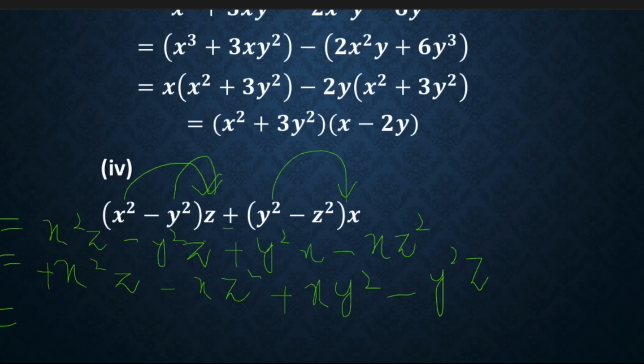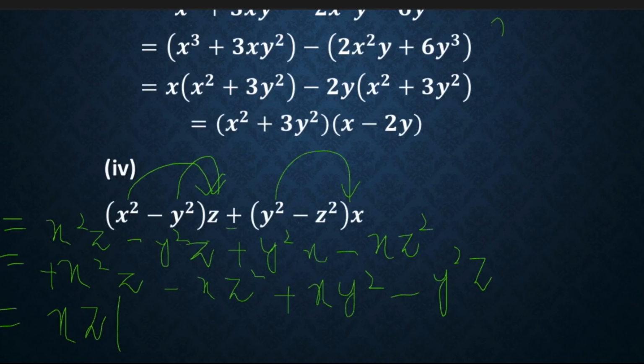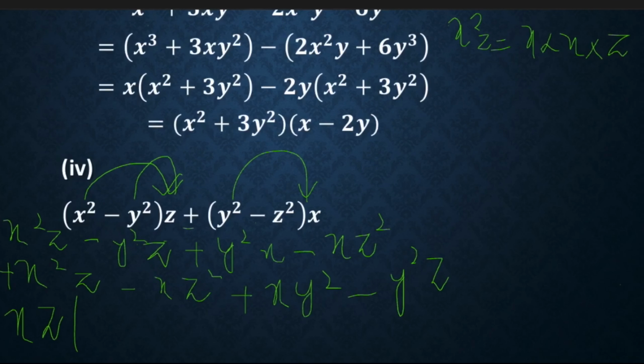Now from x square z and x z square, we can take common x z. Why? Because the factors of x square z are x multiplied by z, and the factors of x z square are x multiplied by z multiplied by z.